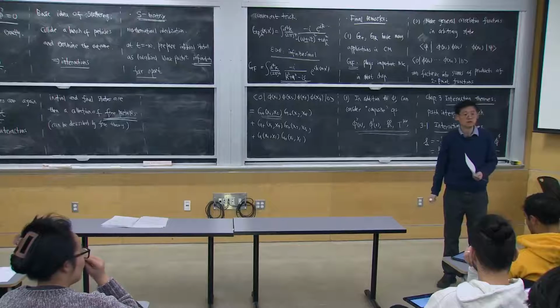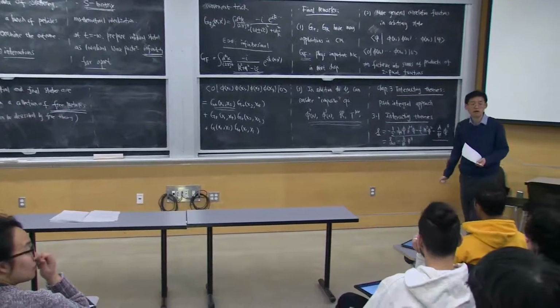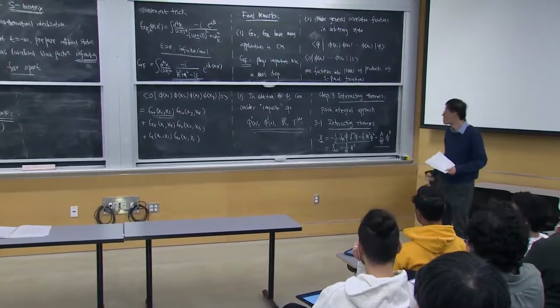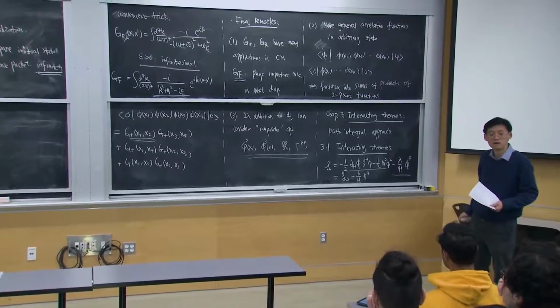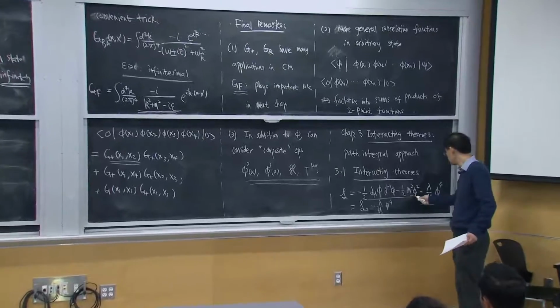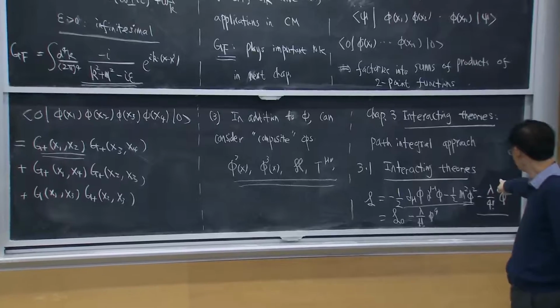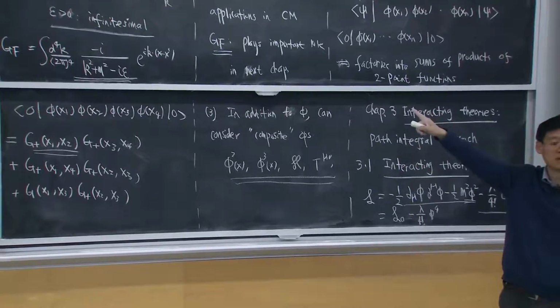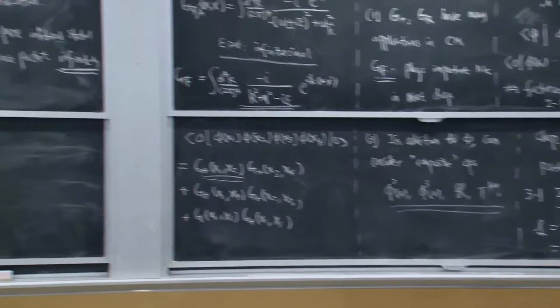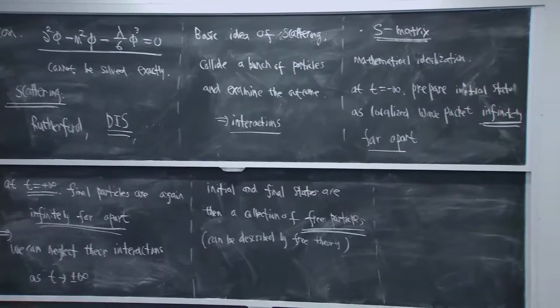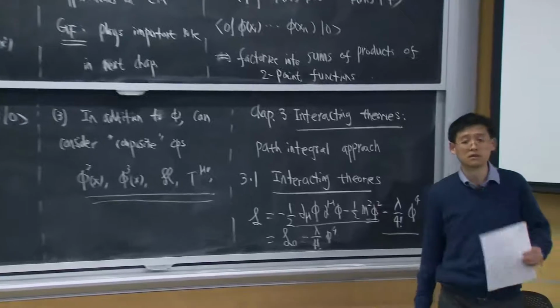A linear term does not give you interactions, because when you do the equation of motion, that still gives you a linear term, which just gives you a mass. In the Lagrangian, the quadratic term is the free term, so things above the quadratic term give you the interactions.